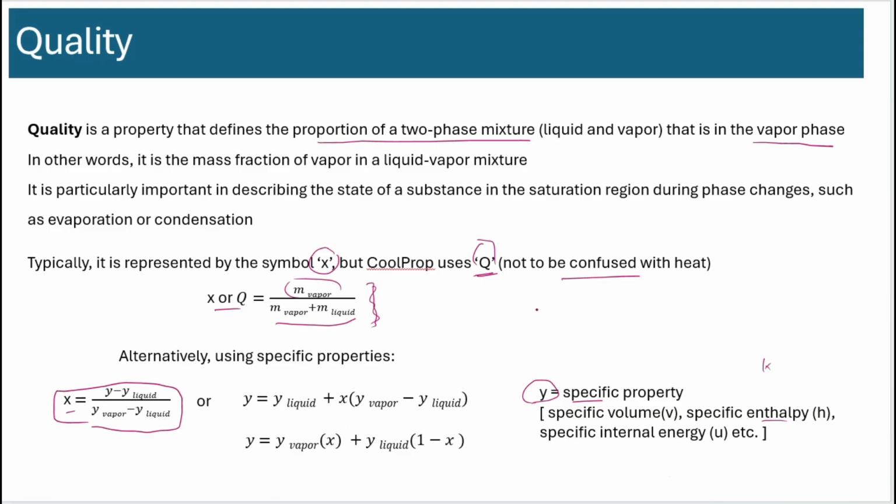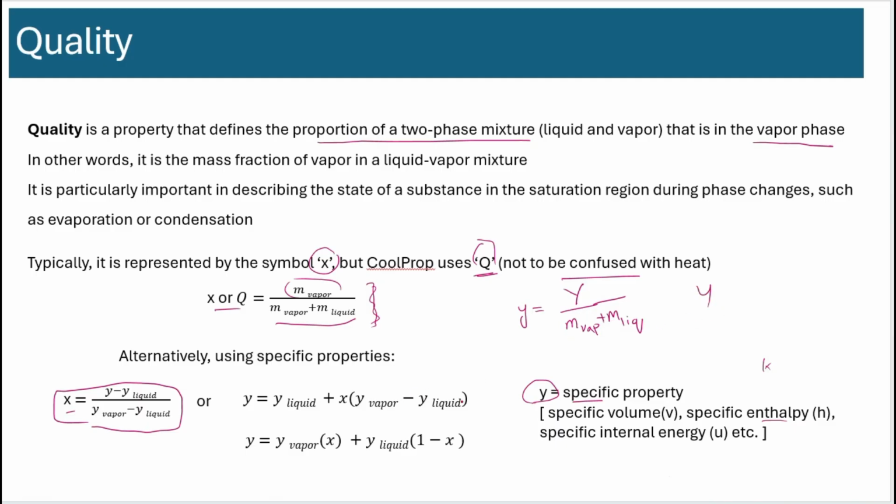You can derive this by assuming the relationship between the specific property and the extensive property. So if y is a specific property of the extensive property Y, then basically it's related by m vapor plus m liquid, right? So y is the total specific property of the mixture, and capital Y is the extensive property, then it's related like this.